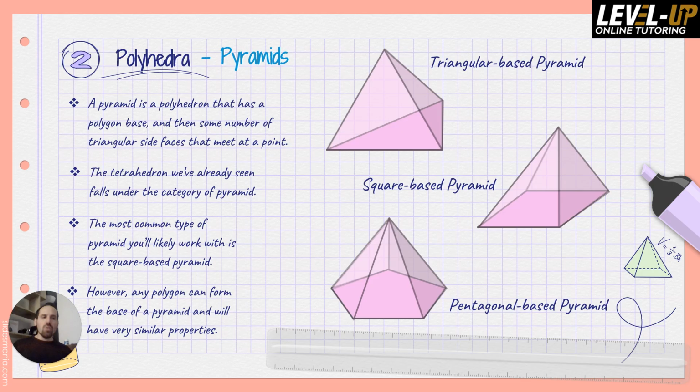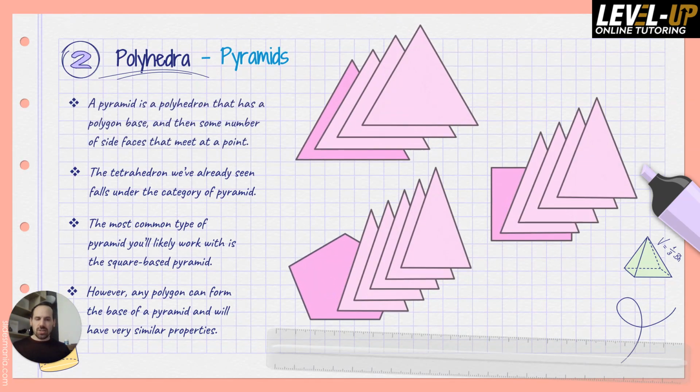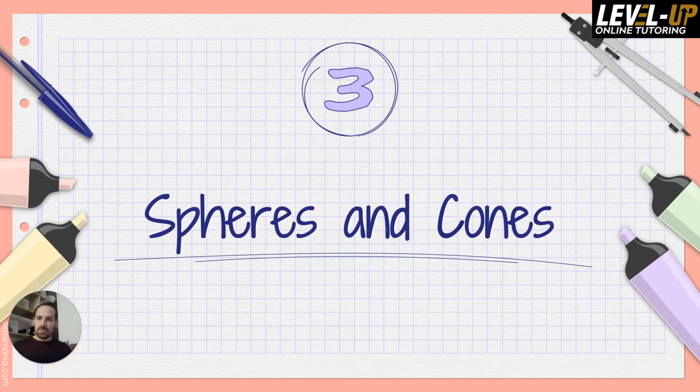More often than not, you come to a square base pyramid or perhaps the tetrahedron. You don't really encounter many other types of pyramid. If you dismantle these, you can then clearly get an idea of what the different faces look like. So you have that base, which is some polygon, and then a series of triangles where the number of triangles matches the number of sides. So that's pyramids.